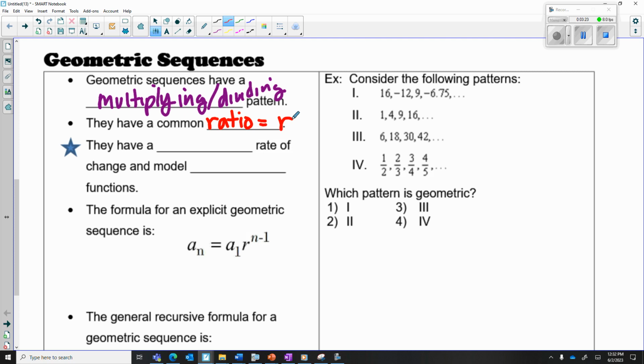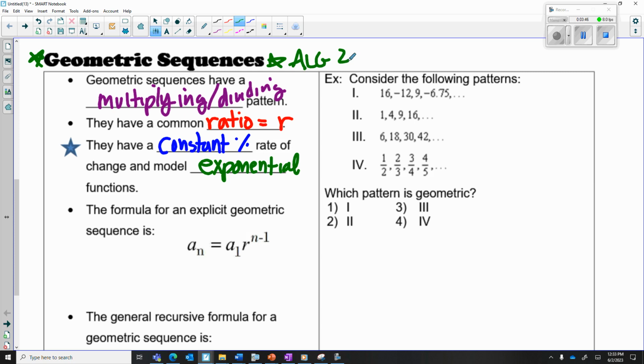They have a constant percent rate of change, not a constant rate of change, and they model an exponential function. This is more common in Algebra 2. This is where we really jive here in Algebra 2. Exponentials, functions, and geometric sequences.